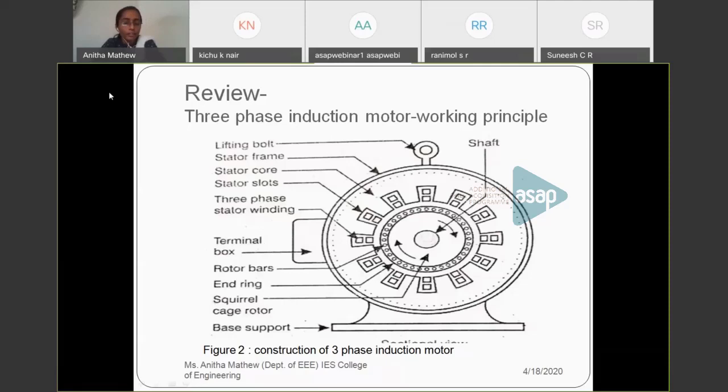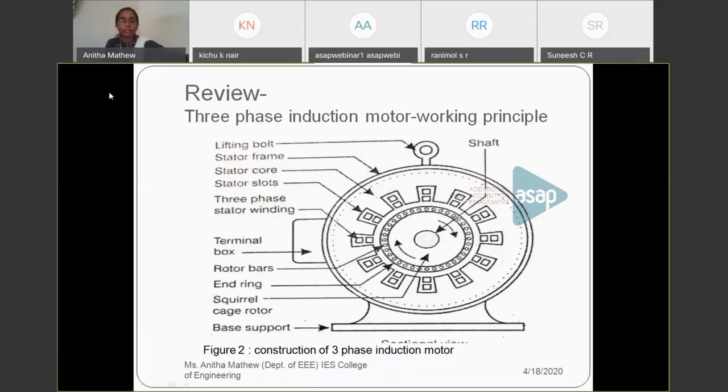We know the basic principle which we studied in the 12th standard, that around a current carrying conductor there will be a magnetic field. The same principle is applied here.